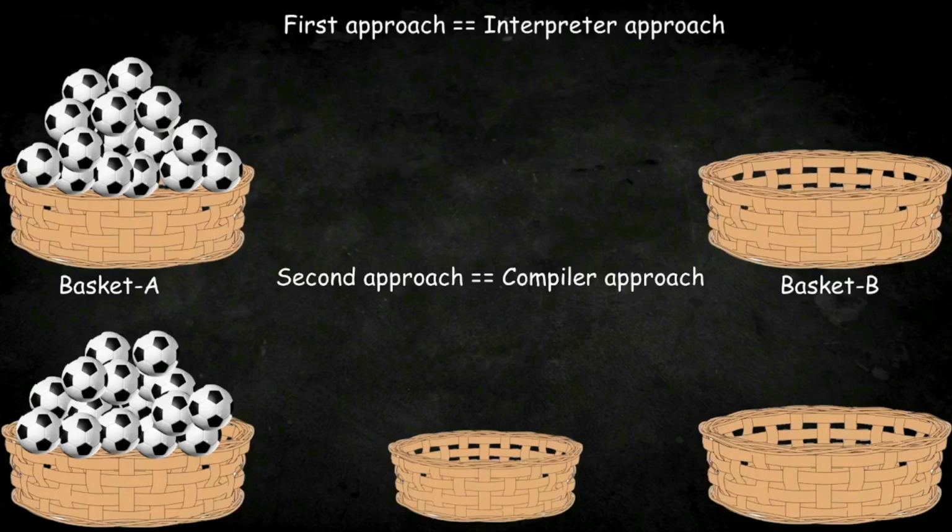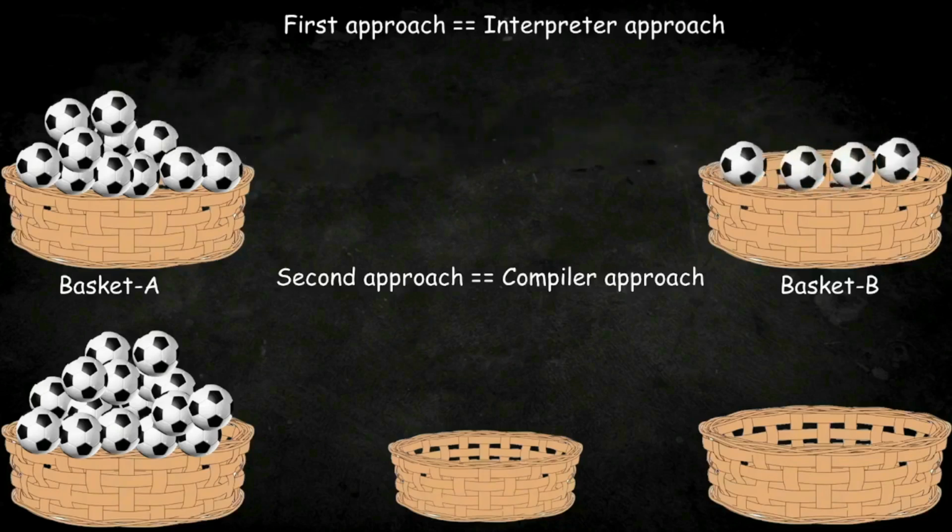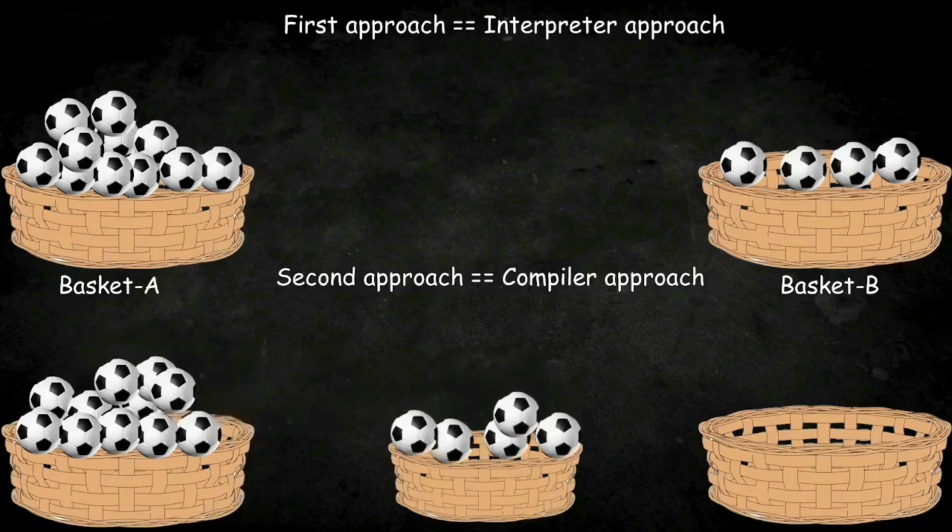We will observe the animation of each approach for 5 seconds and see which approach transfers more balls to basket B. In the first approach, we take one ball at a time and place it in basket B. Note that within 5 seconds, by this approach we have successfully placed 4 balls in basket B. In the next approach, we first collect all the balls in another basket and then place these balls together in basket B. But note that in this approach, we have not successfully placed a single ball in basket B, because we have so many balls. If we try to transfer all the balls at a time by taking the help of another basket, then it will spend the whole duration, that is 5 seconds, collecting the balls.